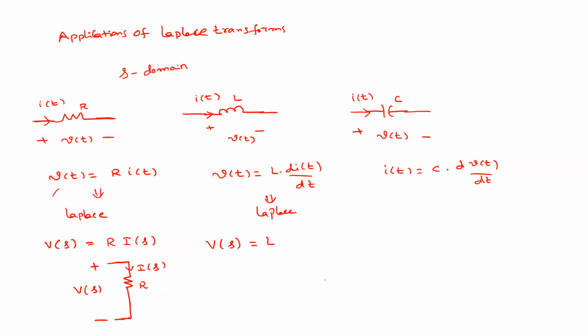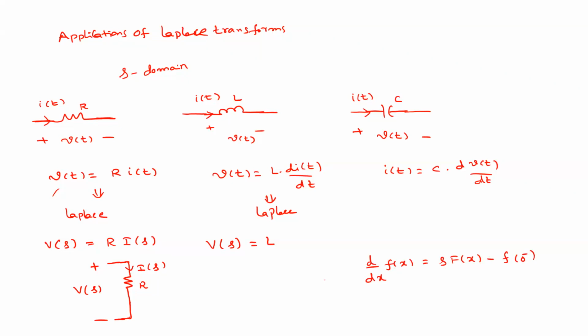It is S into I of S. For example, if you have d by dx of f of x, what is the Laplace for this? It is S into capital F of S minus f of 0.